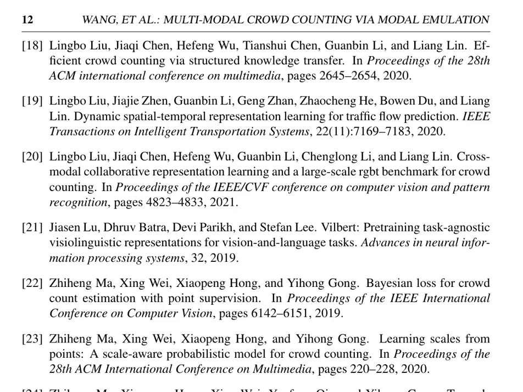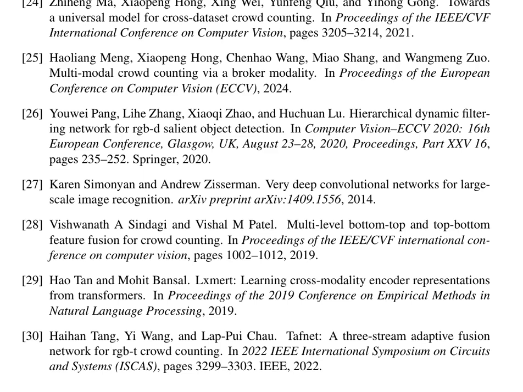The page reviews several state-of-the-art methods for crowd counting, including efficient crowd counting via structured knowledge transfer, cross-modal collaborative representation learning, and Bayesian loss for crowd count estimation with point supervision. These methods are discussed in the context of their contributions to the field and potential applications.